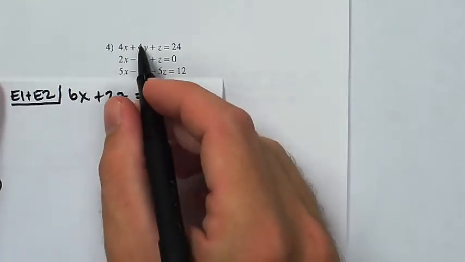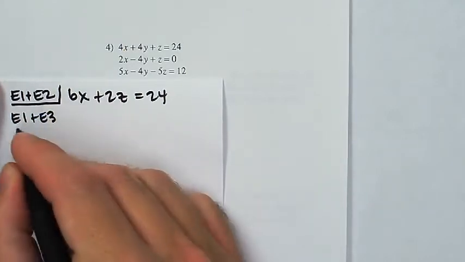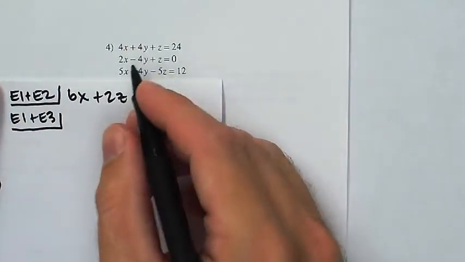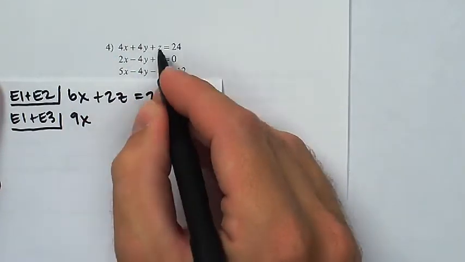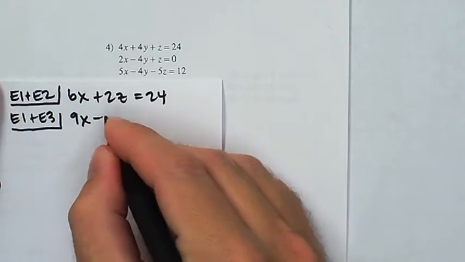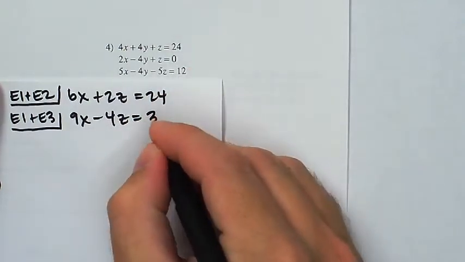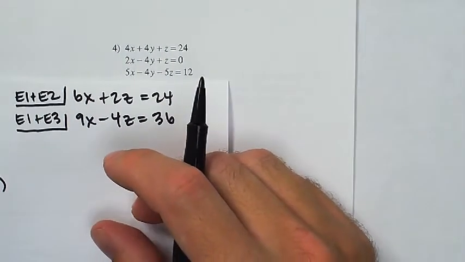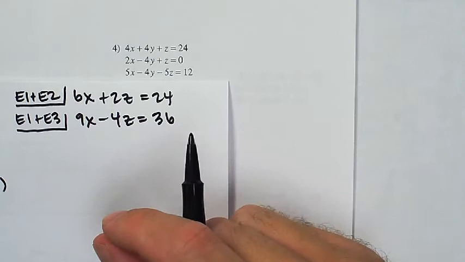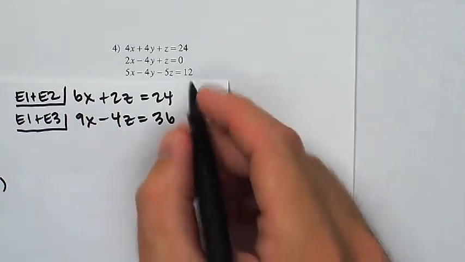And then if I add equation 1 plus equation 3, then I'm going to have 9x, no y's, negative 4z's, equaling 24 plus 12 is 36. Now I'm thinking I probably just want to double this fourth equation.